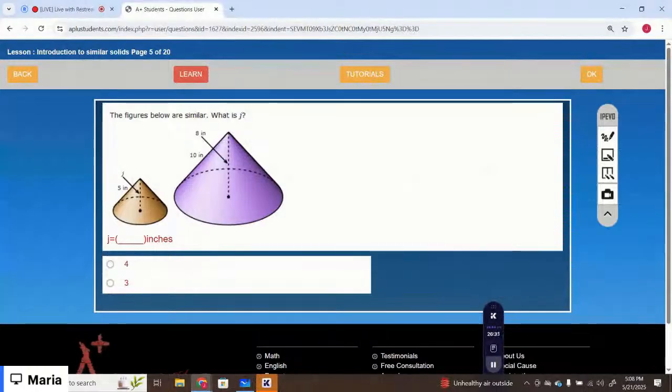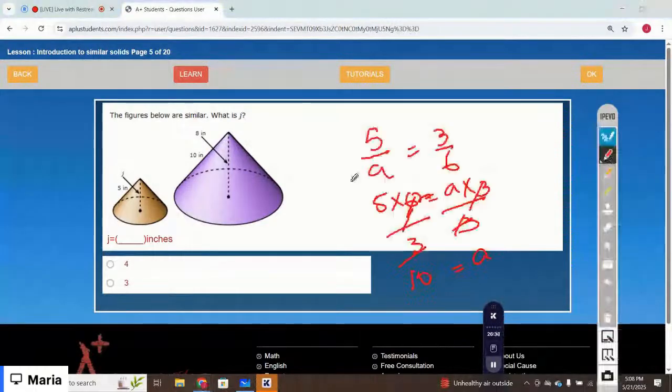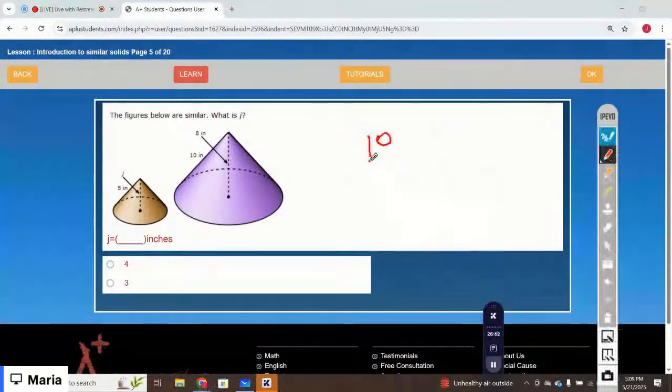The figures below are similar. What is J? That is 10 divided by 5 and 8 divided by J. So 10 times J equals 8 times 5.